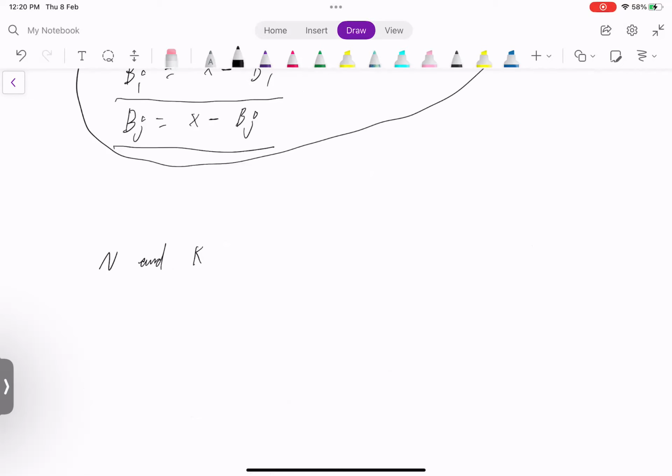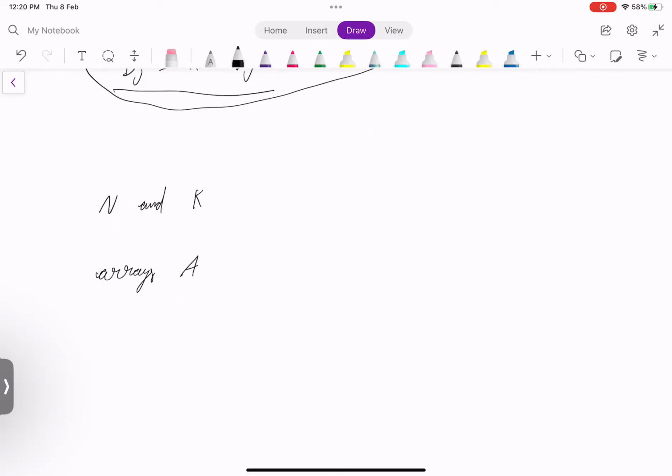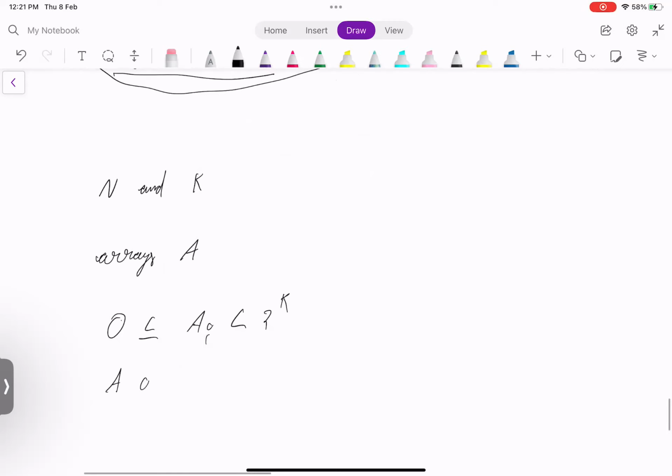We need to count how many arrays A are good with the following conditions. Each element in the array can have any number in the range 0 to less than 2 power k, and A should be good.